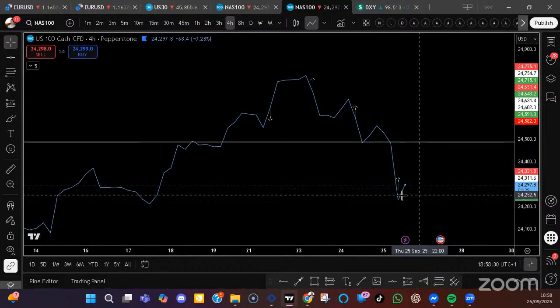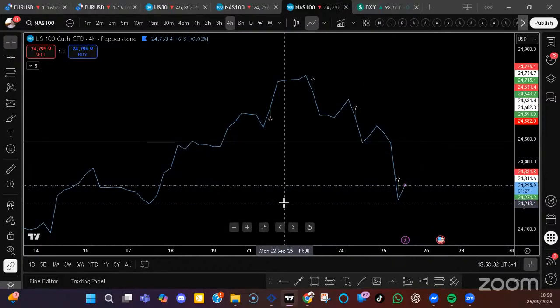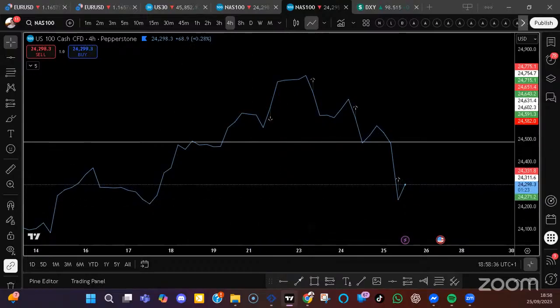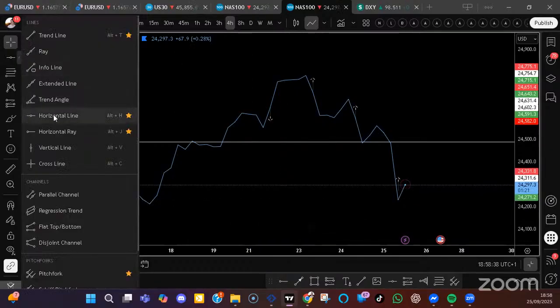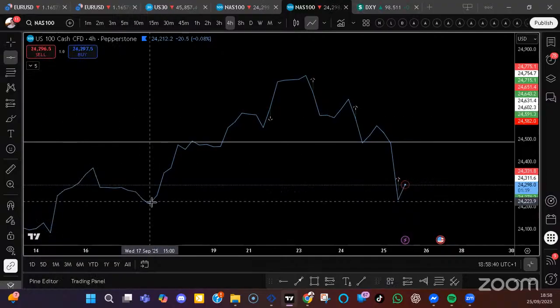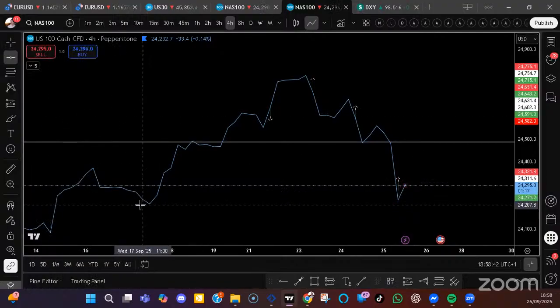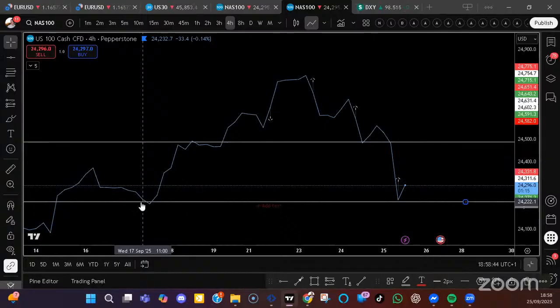But we are a long way off that. But just here, I reckon, is another important area. One to keep a look at. Yeah, there. Price is going up there now. So that's on the 4 hourly.